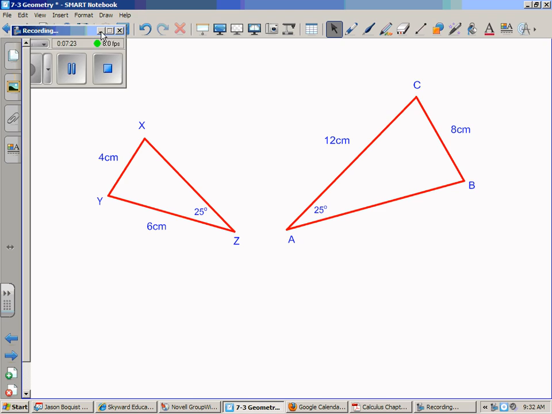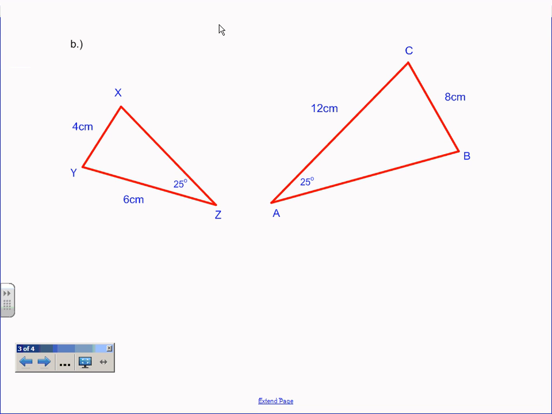All right, who would like to share their answer? Yes. Okay, we hear a yes because of side, angle, side. Would anybody else like to share their answer? Yes.